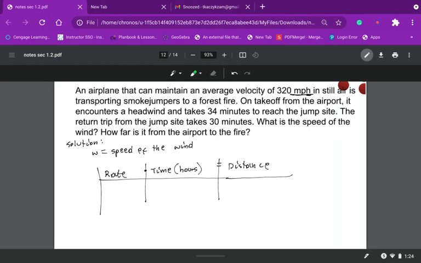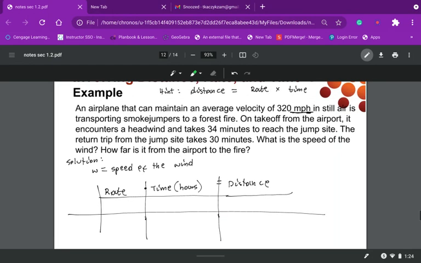And in this problem we have two situations. We're talking about the airplane which flies against the wind and with the wind.